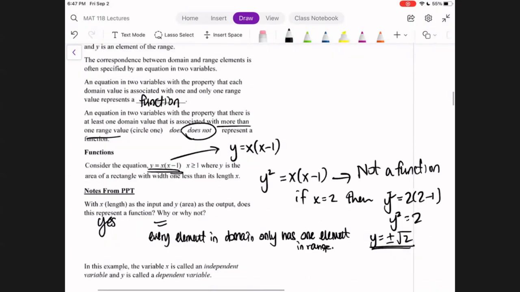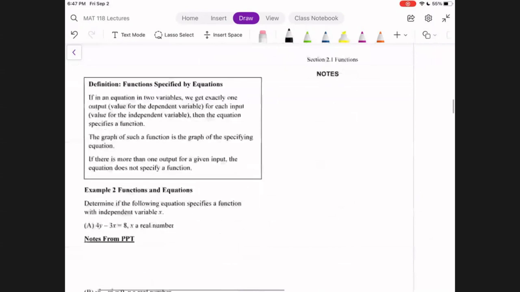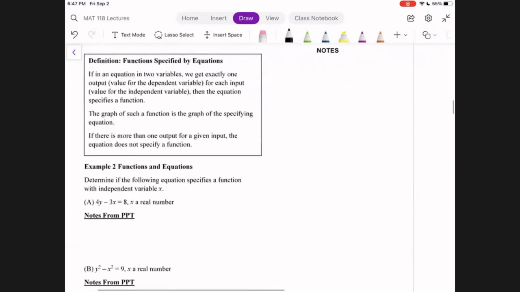That would work. So if, for an equation in two variables, we only get exactly one output, the value for the dependent variable for each input, then the equation specifies a function.